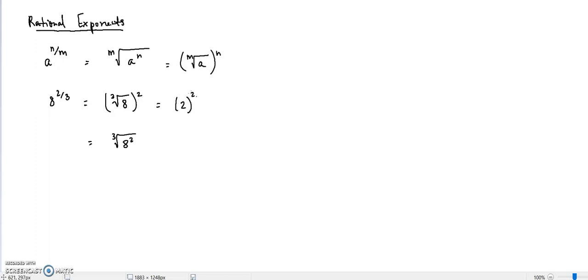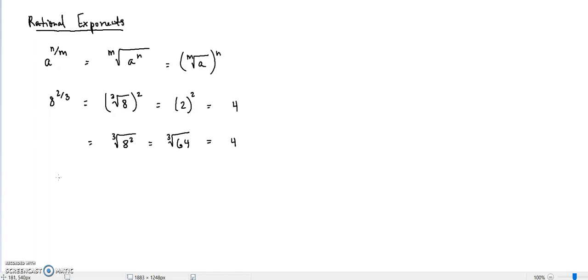That's 2, and then square it would be 4. This one says square it first. That would be 64, and then take the cube root, and you still get 4. So the order doesn't matter. If you can take the root first, that's usually the better way to go because the numbers stay smaller, but you can't always. So sometimes you have to do the exponent first and then simplify the root.